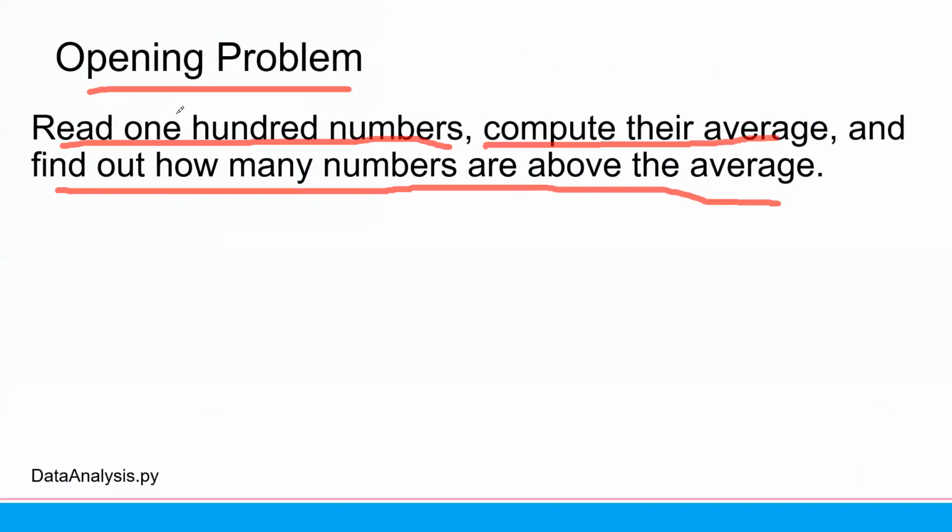If you need to input 100 numbers, you can input them one by one. Or let's say you want to make random numbers, so you need a random function. Then we compute the average, and then I want to check the numbers that are above the average.